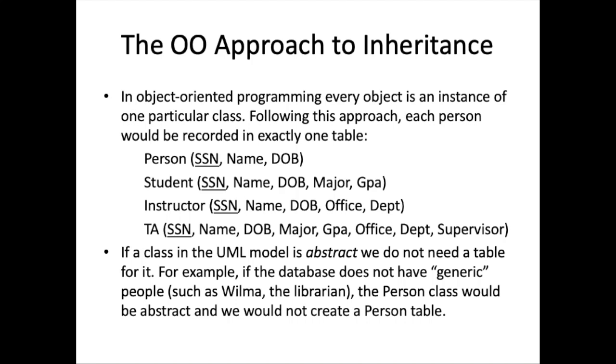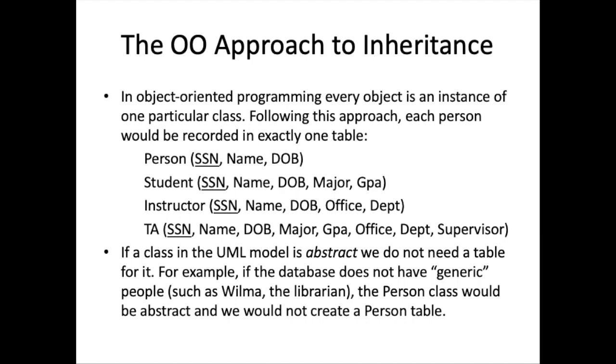And so in the person table, we'll record the social security number, name, and date of birth of any person who's not one of the subclasses, any kind of just generic person who's not a student or an instructor or a TA.